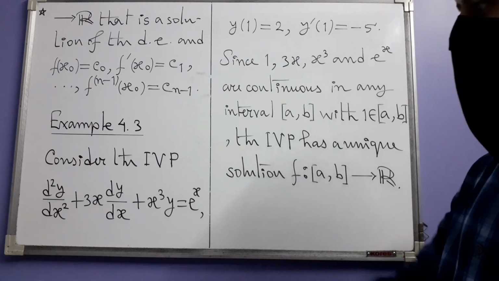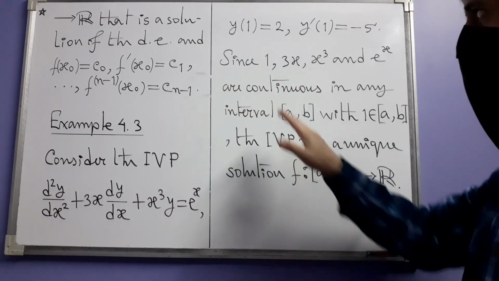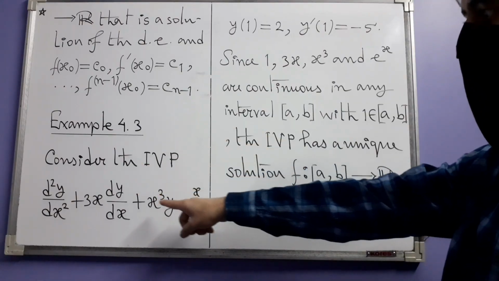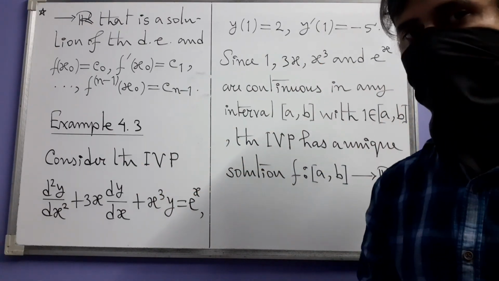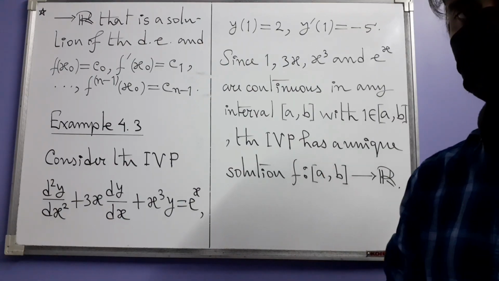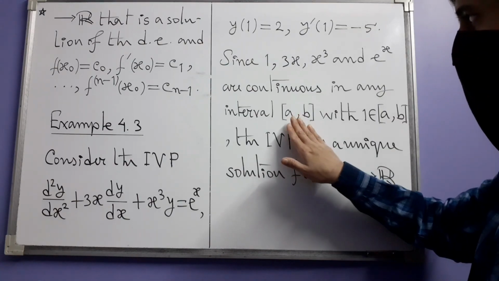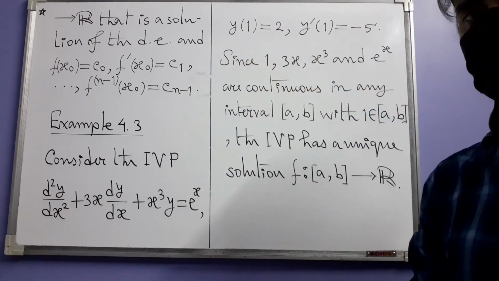So we note that those conditions are true in this case. That means the coefficient functions 1, 3x, x cube and that right hand side e to the power x, these are all continuous throughout the real line. So in particular they are also continuous in any interval of this type which contains this 1.